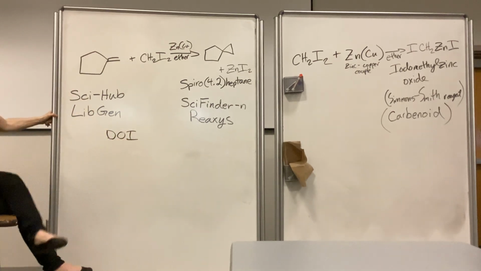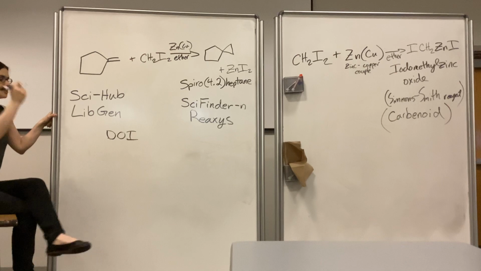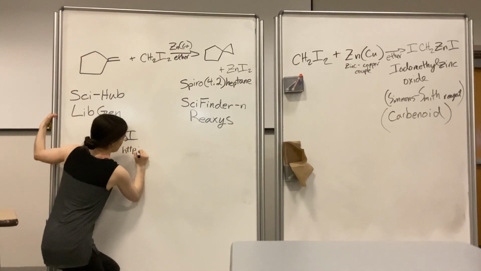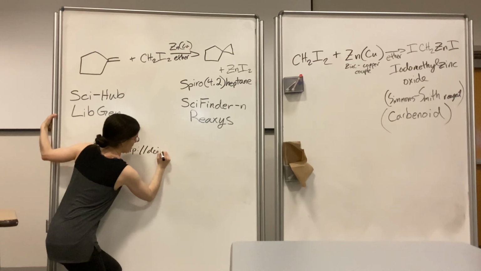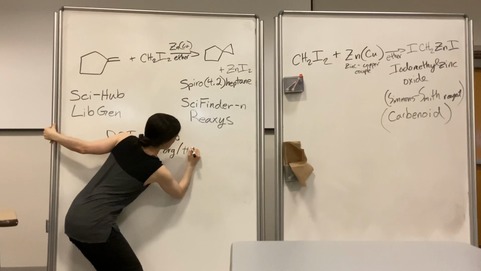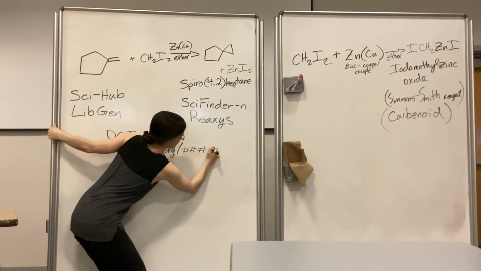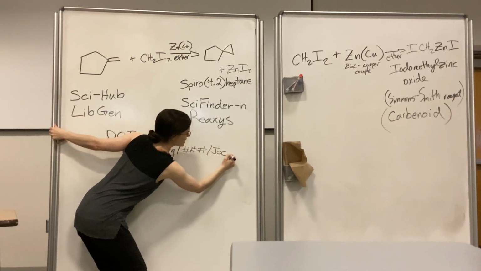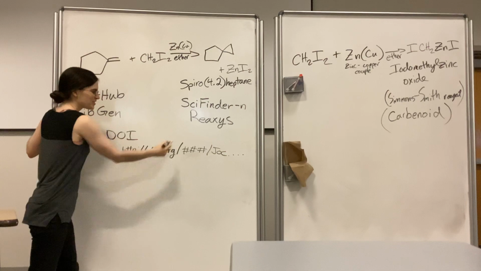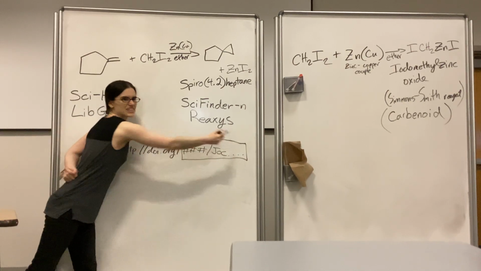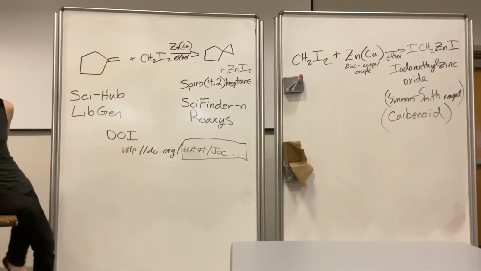I do not recommend that you go to either of these things and use the DOI, which is usually doi.org/ some numbers and a slash and some other numbers. I think for the Journal of Organic Chemistry it's like JOC and some more numbers. Sometimes there's letters in there.